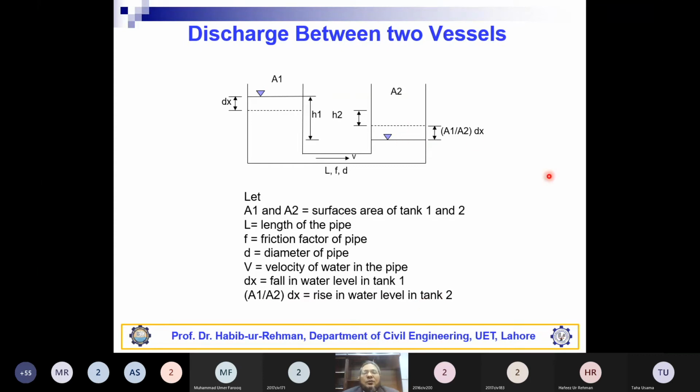Is it clear, Jay? Are all these symbols understood by you? Yes. Sir, H1 और H2 को kindly explain कर दें.